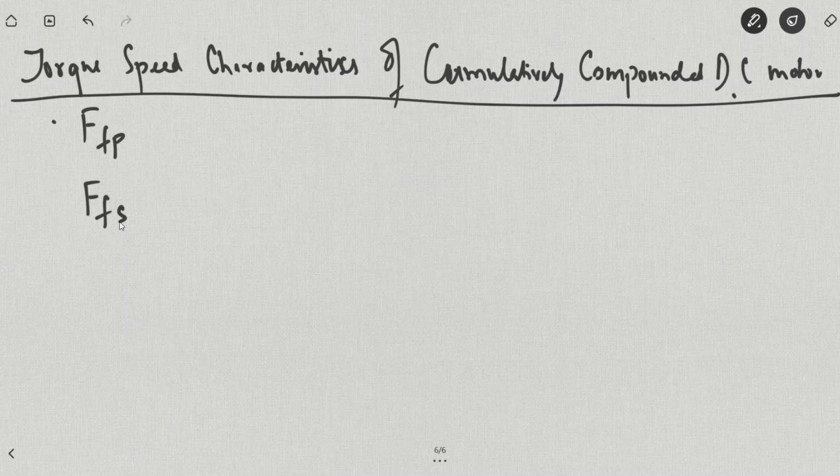So if we take the case of a long shunt connection, the series flux is proportional to the armature current, whereas the shunt flux is independent of IA.